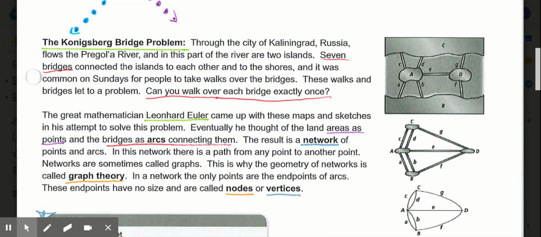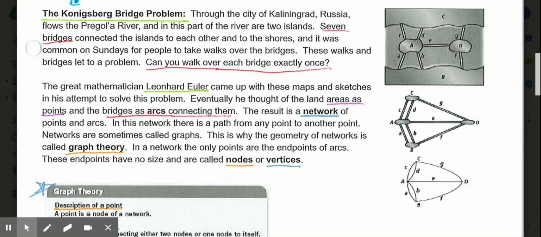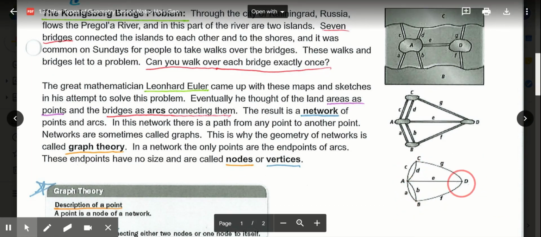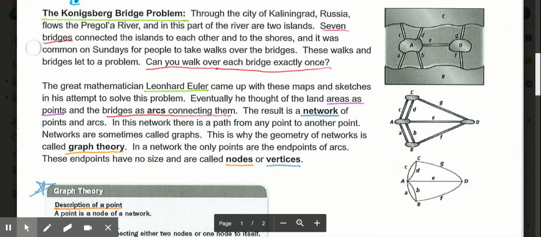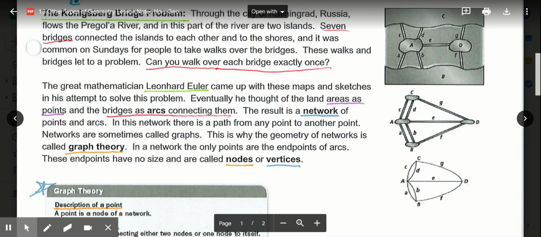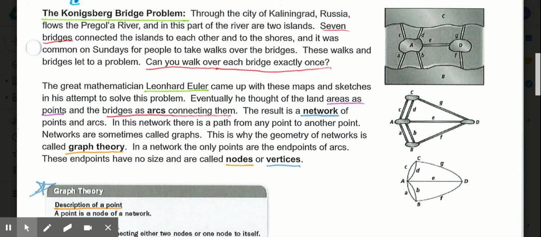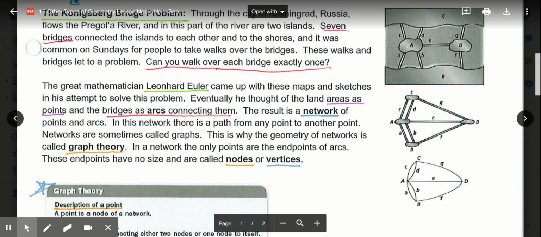That wasn't exactly where he wanted to go, and eventually it led him to creating a network that looked like this. So what Euler did was think of the land areas as individual points and the bridges as individual arcs connecting those points. The result is a network of points and arcs.